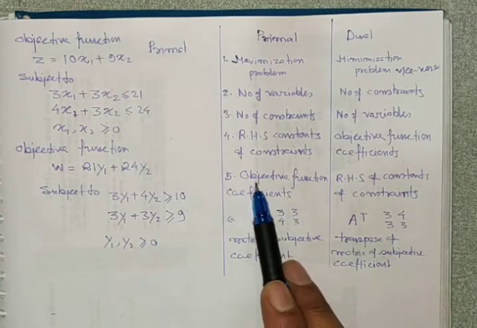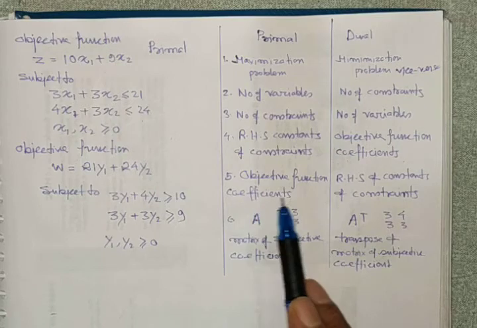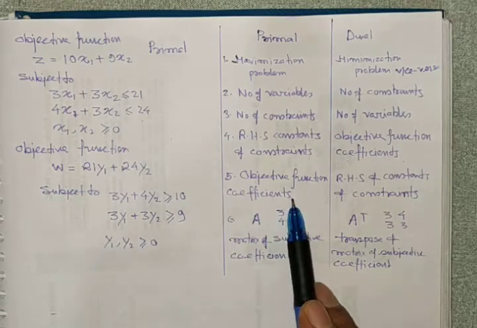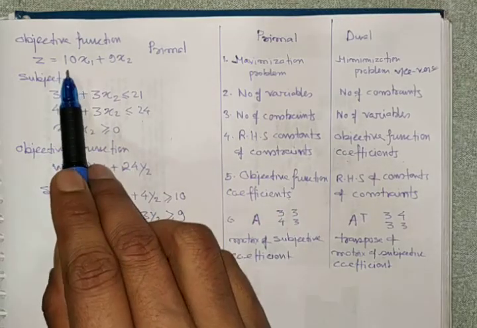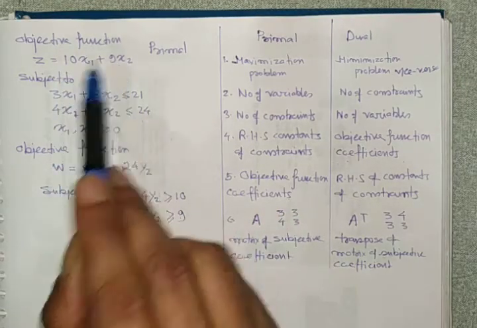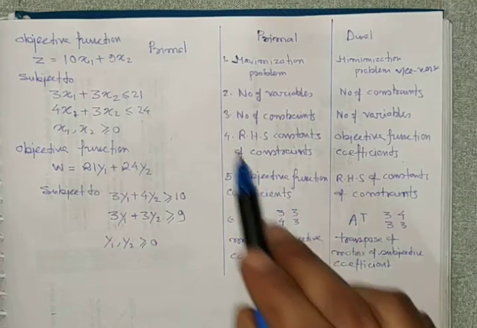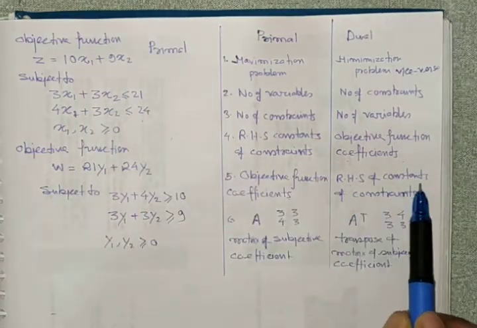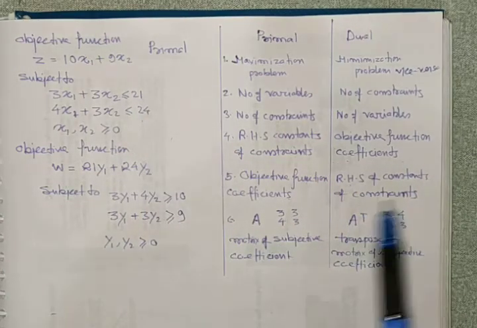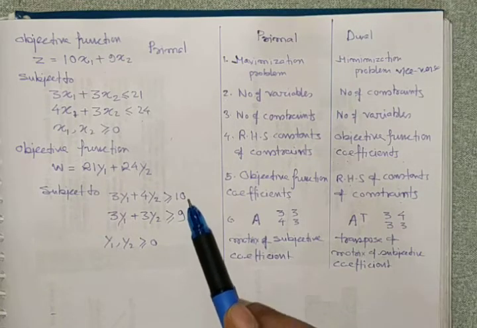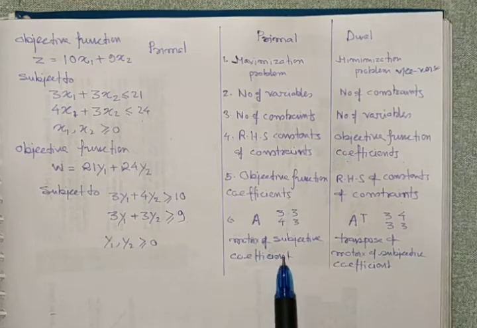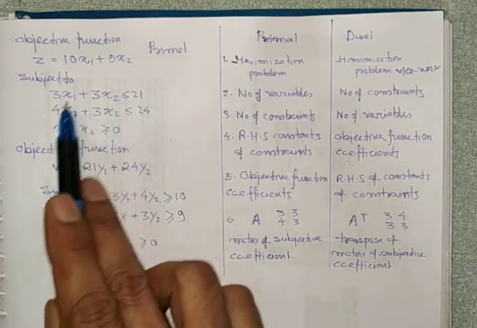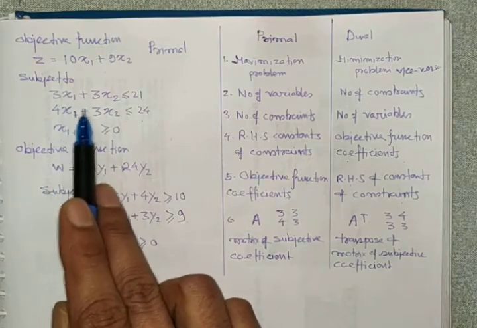Similarly, the objective function coefficients, 10 and 9, become the right hand side constants of the constraints in the dual. And there is a matrix of coefficients for the constraints.